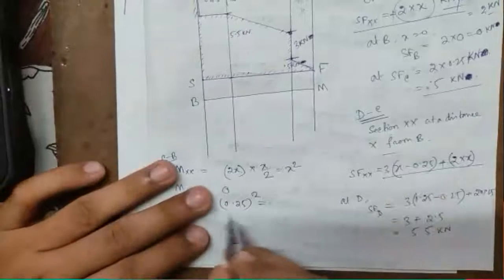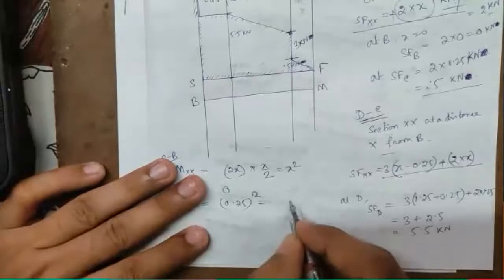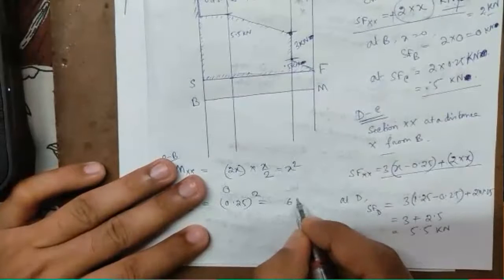We can do it without help of calculator also. 25 and 25, it will be 625, and we have 4 digits after the point, so it will be this much Newton meter. Okay, now when the section is taken from C to D, okay, the video again got frozen.